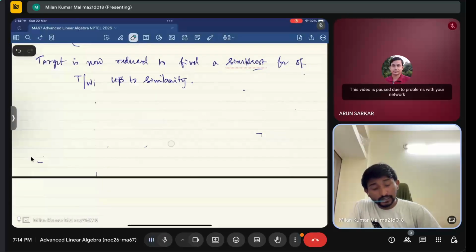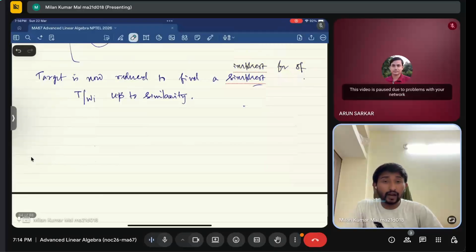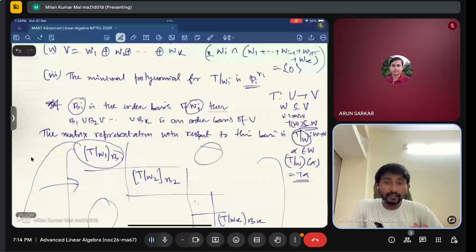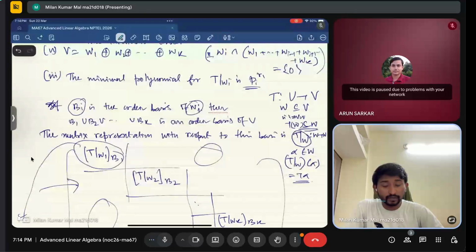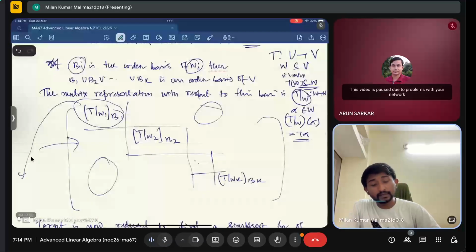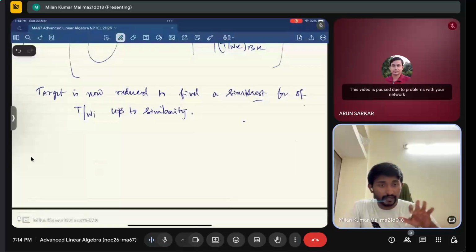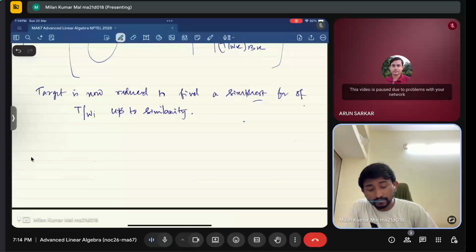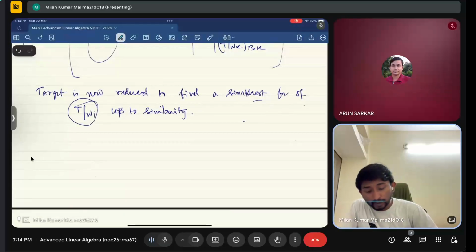Recall that T restricted to Wi comes from the primary decomposition; basically I am trying to study the rational canonical form, which starts from the primary decomposition theorem. If I want to find the simplest form of the bigger matrix, it is enough to find the simplest form of this matrix.